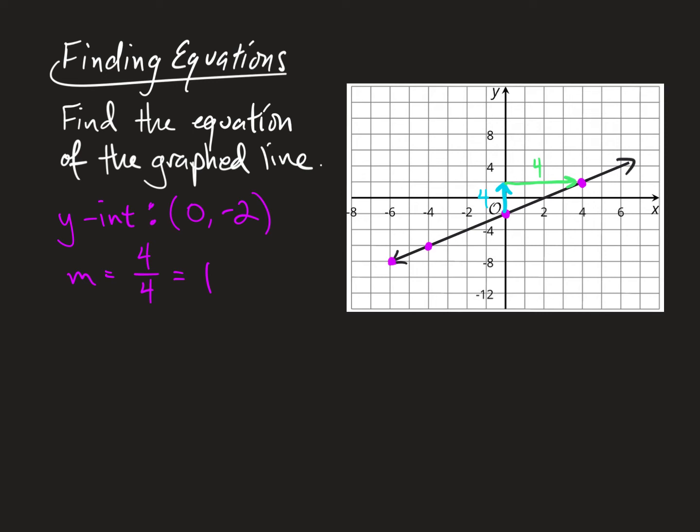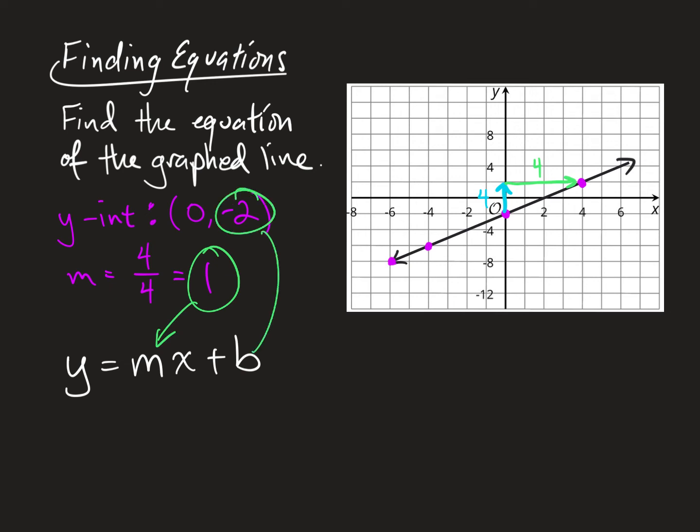Now that we have the slope and the intercept, we can use the slope-intercept form of the linear equation. Again, m being slope and b being the y-coordinate of the y-intercept. So all we have to do then is make a couple substitutions. I'm going to take this 1, substitute it in for m.